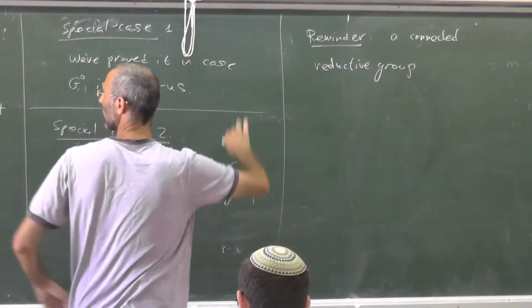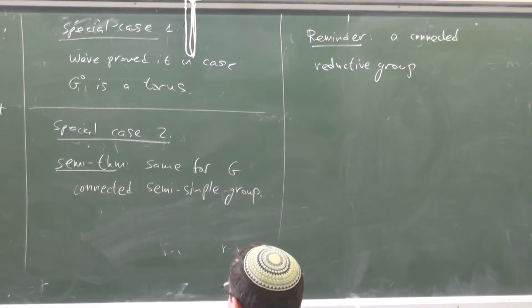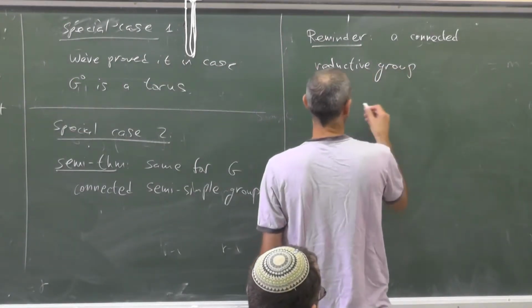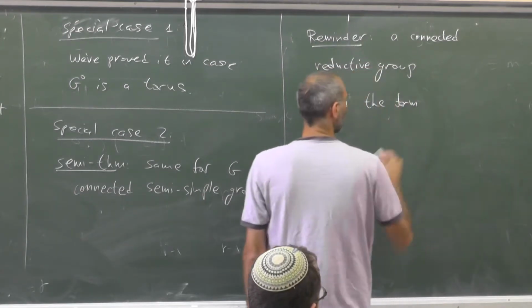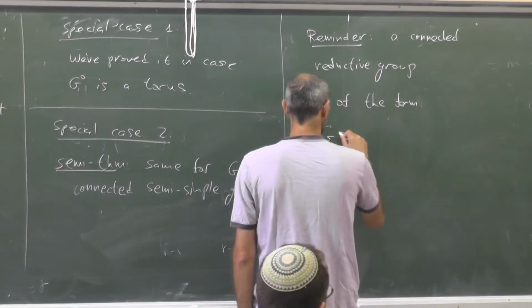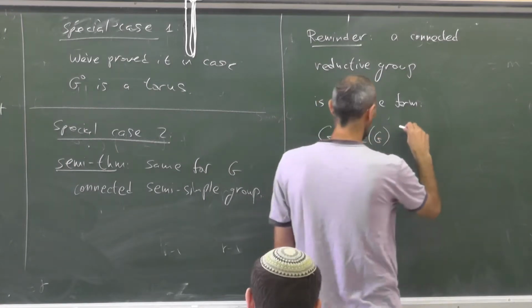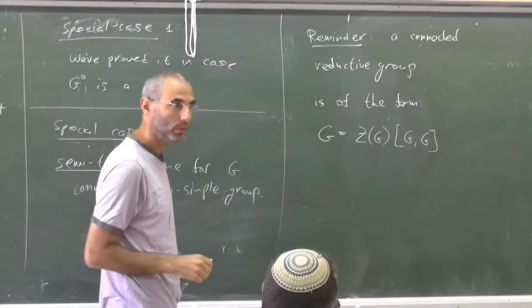Now, whenever I'm making an algebraic geometric remark or whatever, this is over the complex numbers, of course. A reductive group is of the form always. Well, I have the center of G, and I have the commutator group of G, or the group generated by the commutator.